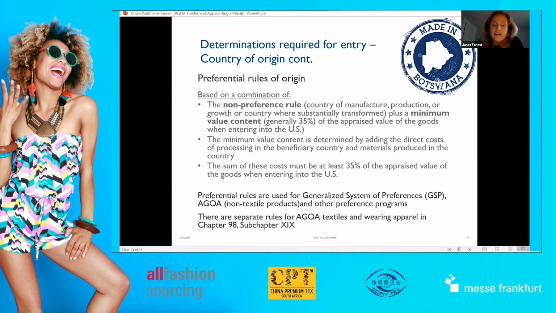These are used, as I said, for the Generalized System of Preferences, non-textile products, and other preference programs. Textiles and wearing apparel have an entirely different set of origin rules, and these appear in Chapter 98 of the tariff schedule.